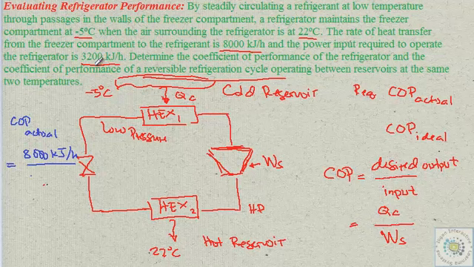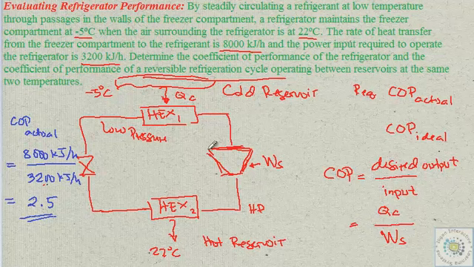To operate the refrigerator, you're supplying 3,200 kilojoules per hour, and the actual COP of your refrigerator will be 8,000 divided by 3,200, that's 2.5, the COP, 2.5.